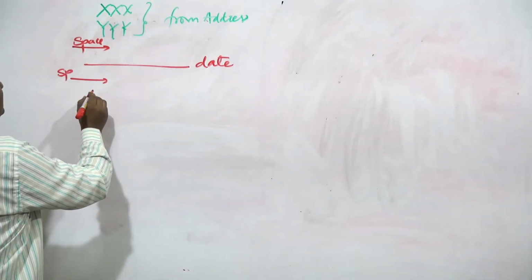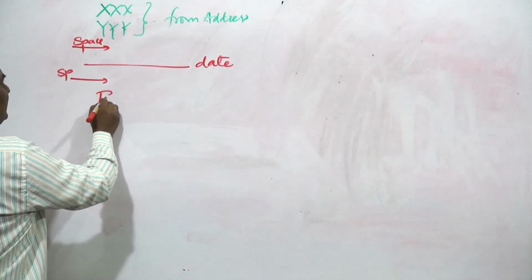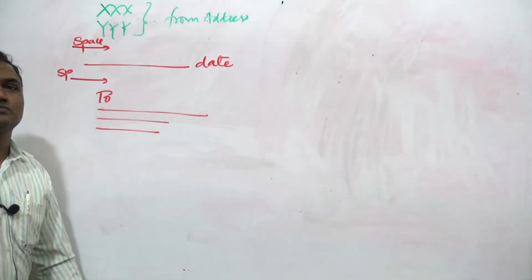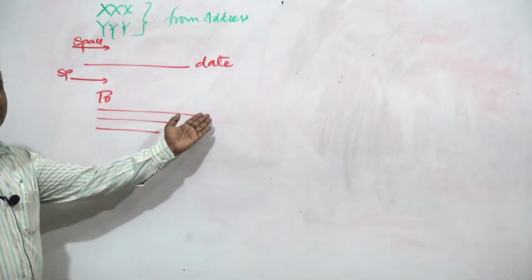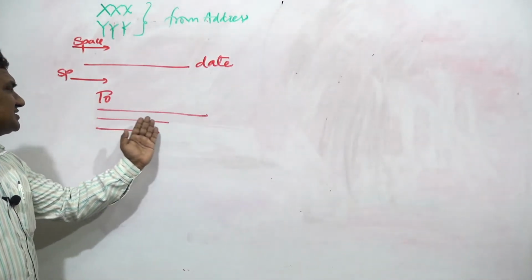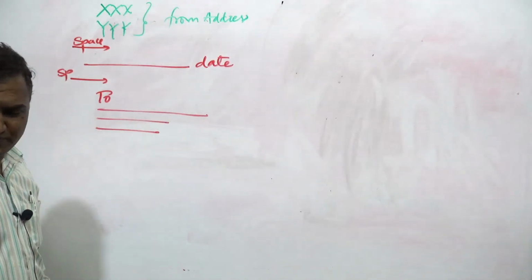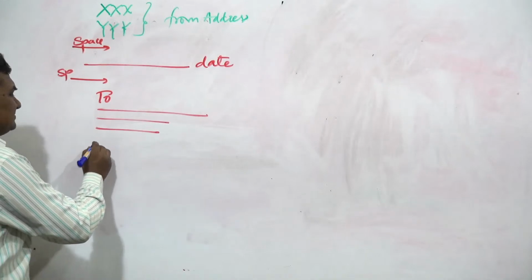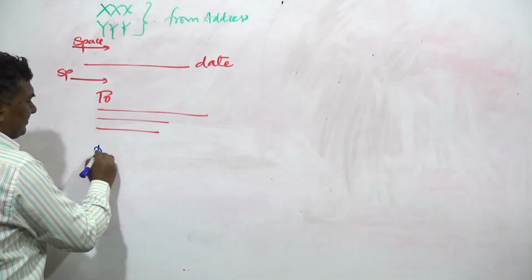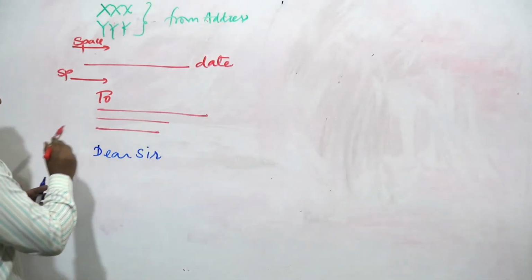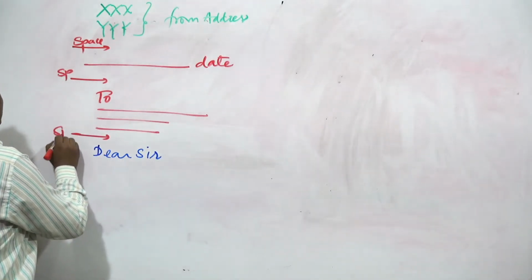Then you write the to address. To, for example, the principal, Shonama Special Residential, PU College, Kalapurgi. Then salutation. Dear sir, and space again.